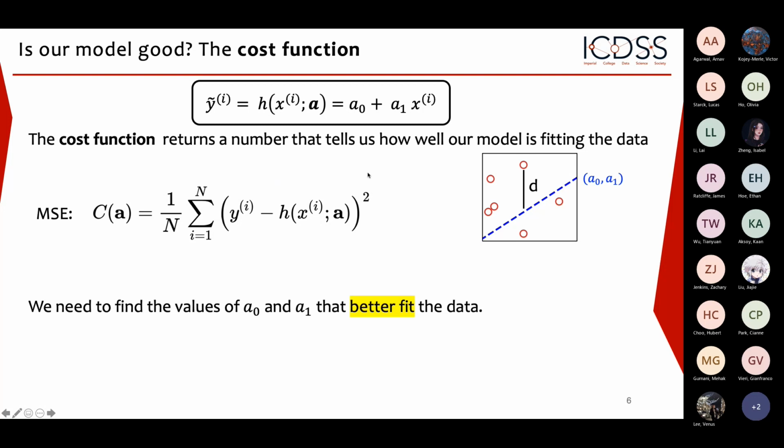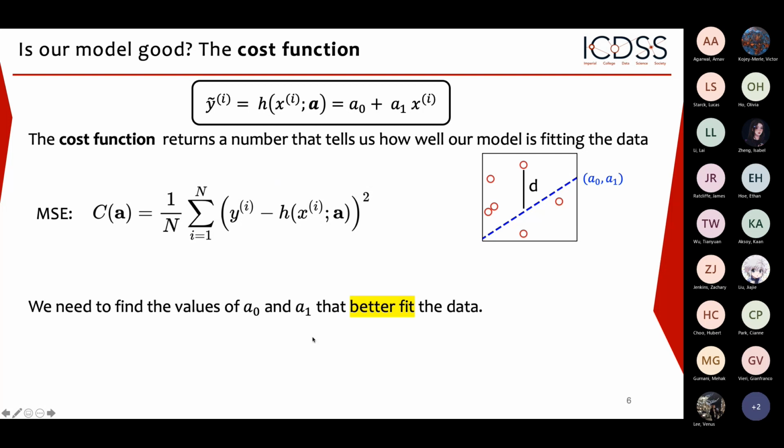And we take the average of all these squared distances, okay? This is going to produce a number. And this number, of course, depends on how our line is, right? How the gradient of our line is, how it is shifted. So generally, I would say that the output of this function is a function of our model A, right? Where A are a0 and a1. So this is our cost function.